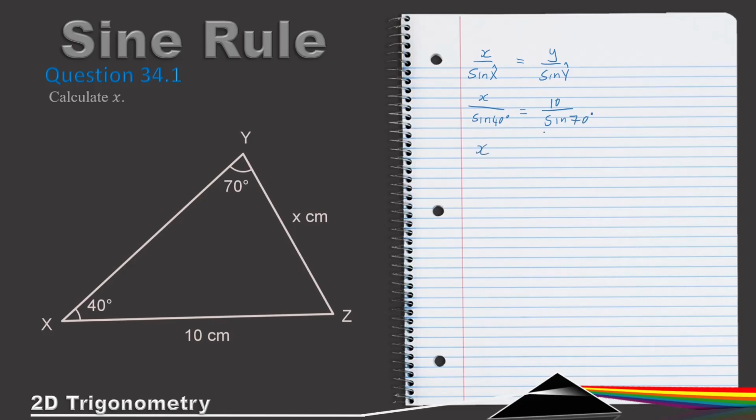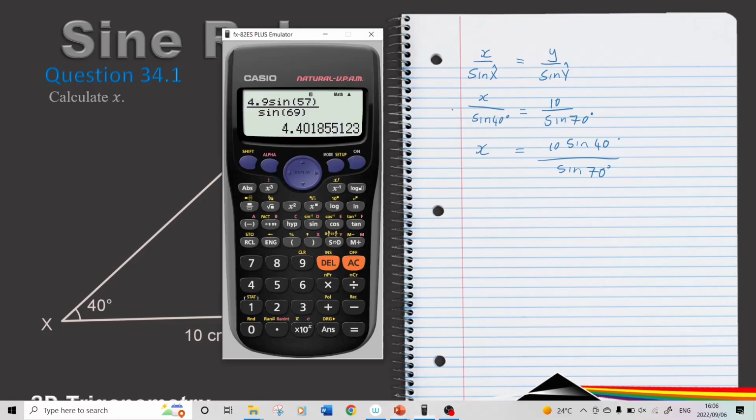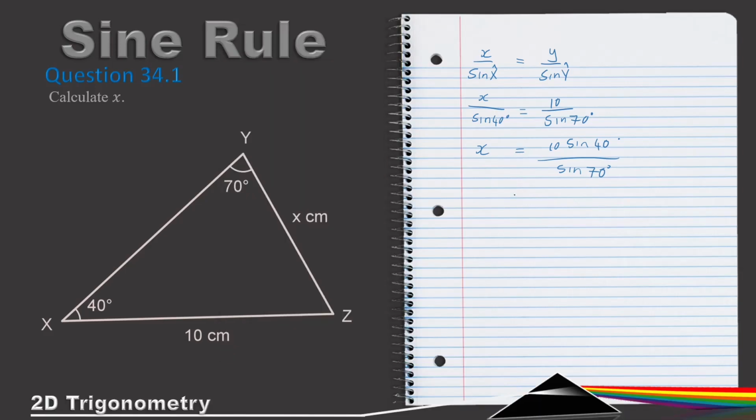Solve for x, take the sine 40 up, that's 10 sine 40 over sine 70 degrees, and type it into the calculator. Okay, so that's 6,84. And that's in centimeters, so we're just going to write centimeters.